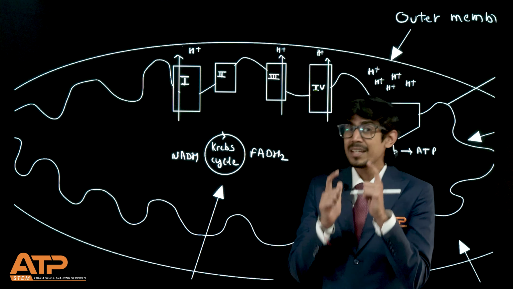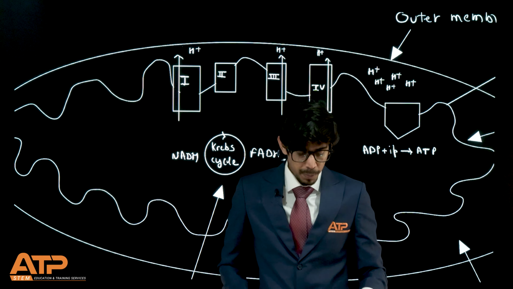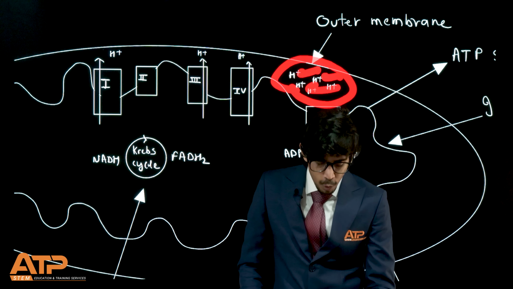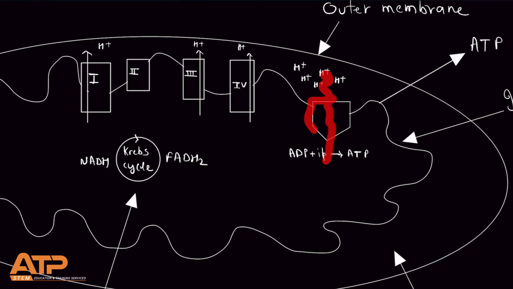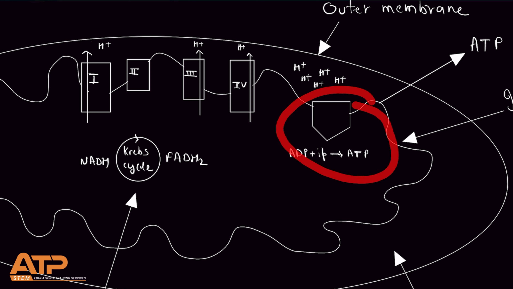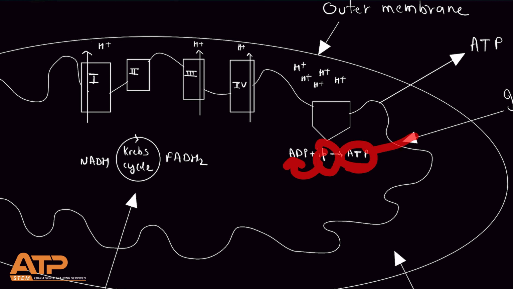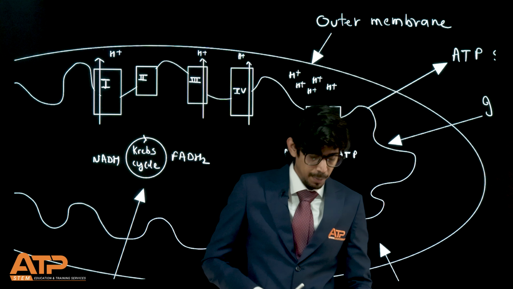And we will utilize this concentration gradient to produce energy, because when these highly concentrated hydrogen ions move through this particular ATP synthase, which is also present in the inner membrane of mitochondria, ATP synthase utilizes the breaking down of this concentration gradient as an energy source to add one inorganic phosphate to ADP, and we ultimately get ATP.